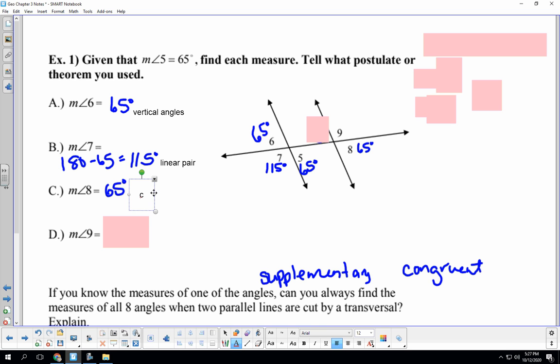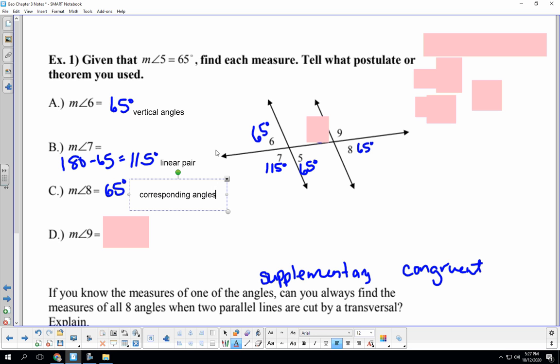They're on the right-hand side of the transversal, and they're both above their crossing lines.